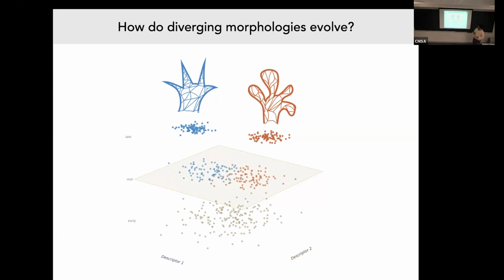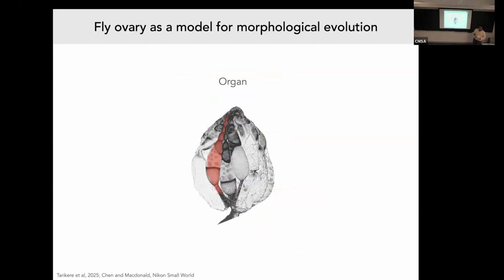For that, I answer these questions in a very simple model, which is a fly ovary. For those who don't know how the fly ovary is organized, the ovary is made up of single units called ovarioles. These single units are like an assembly line, which has a germ cell and stem cell at one side, and then has mature eggs on the other side.